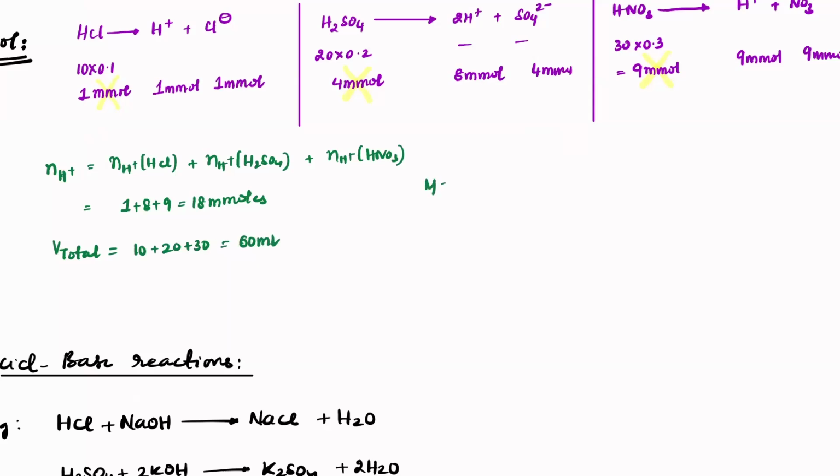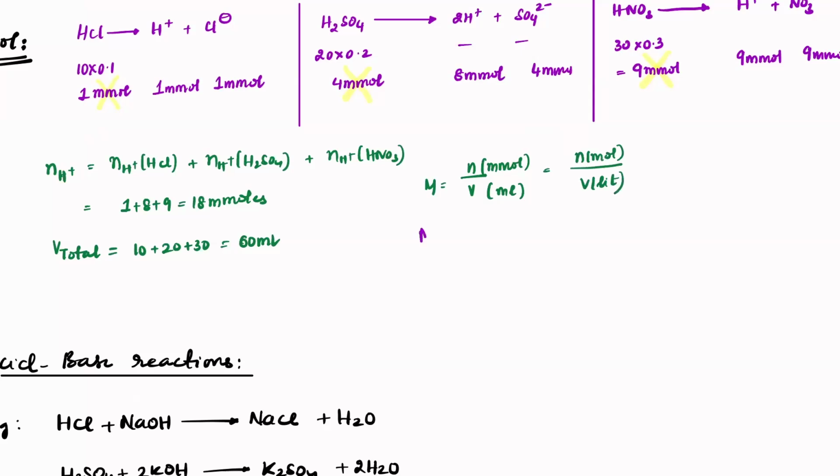Now, molarity can be defined as number of moles by volume, where we can write the number of moles in millimoles upon milliliters, or we can write it as moles upon liters.